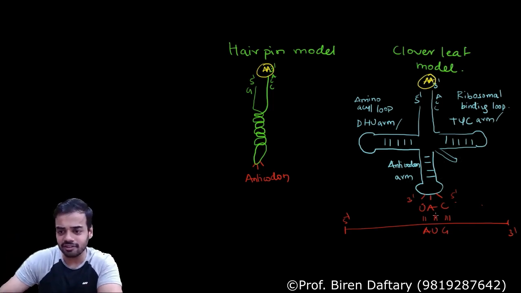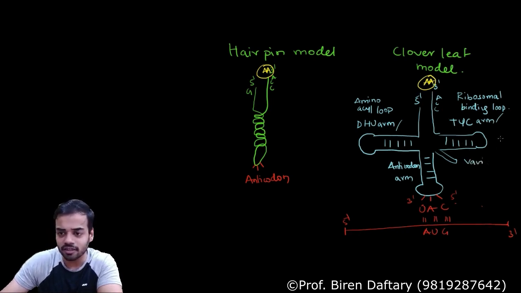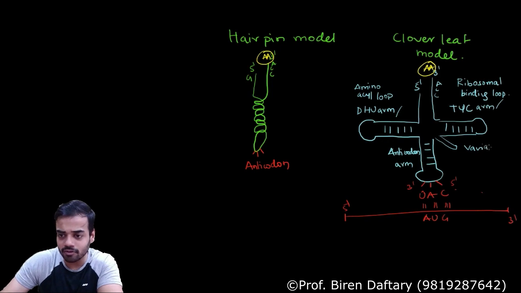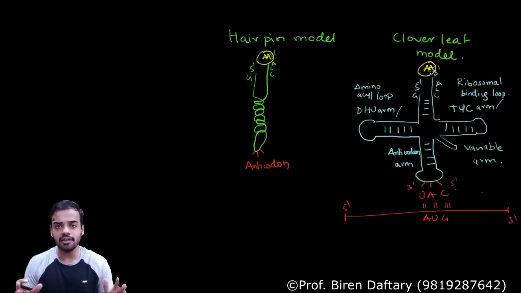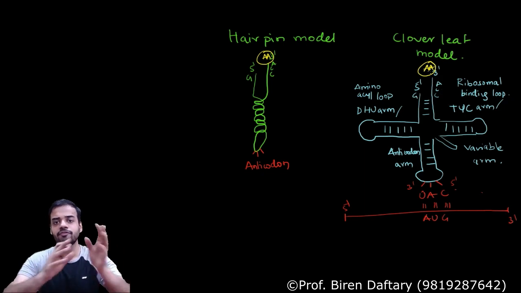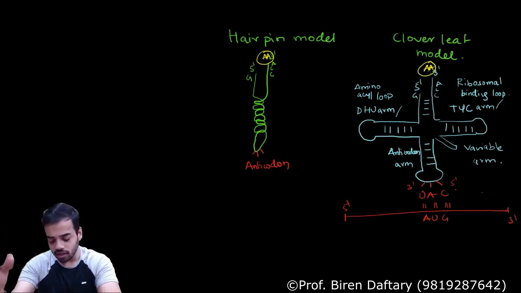It doesn't have any other function, it just supports the tRNA. So I am going to write that over here, variable arm. Is this structure clear? Again, base pairing over here, there is a single G or CCA amino acid end. Clear? Done. We have finished with the tRNA as an adapter molecule.